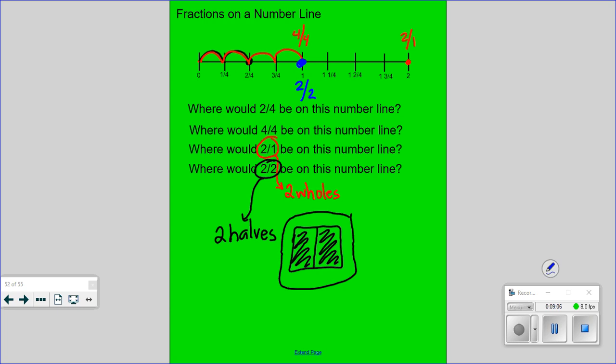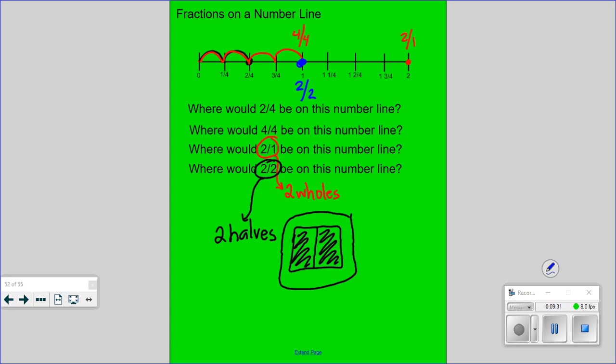William? Because right now my 4/4 and my 2 halves are in the exact same spot. They are. That's where they go. What do you think that means?